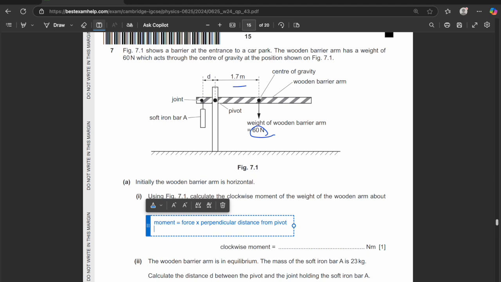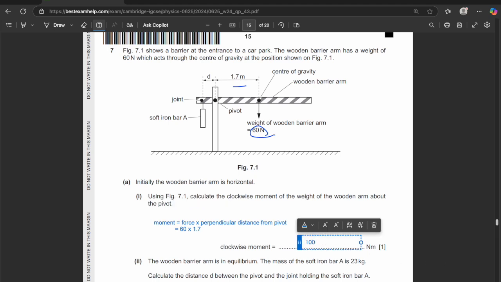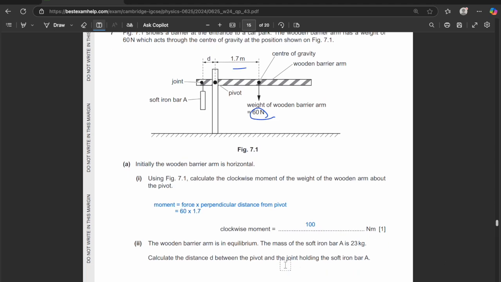We're not sure, sometimes the marking scheme gives 1 mark for 2 points. You can do it like that sometimes. 60 times 1.7 is 102. So just 100 newton meters. It even gives the unit for you.